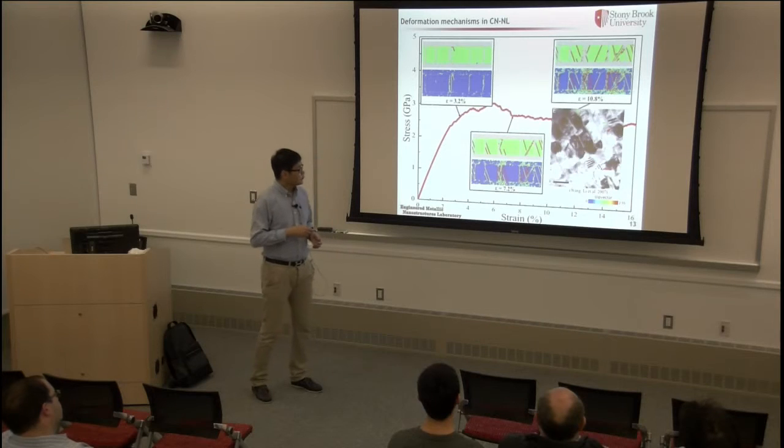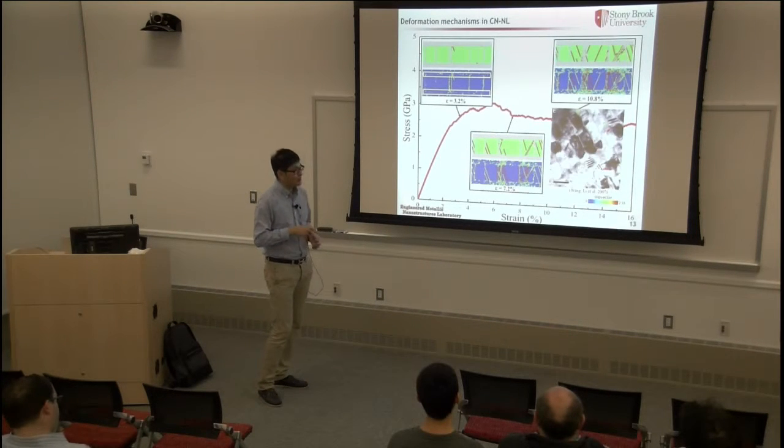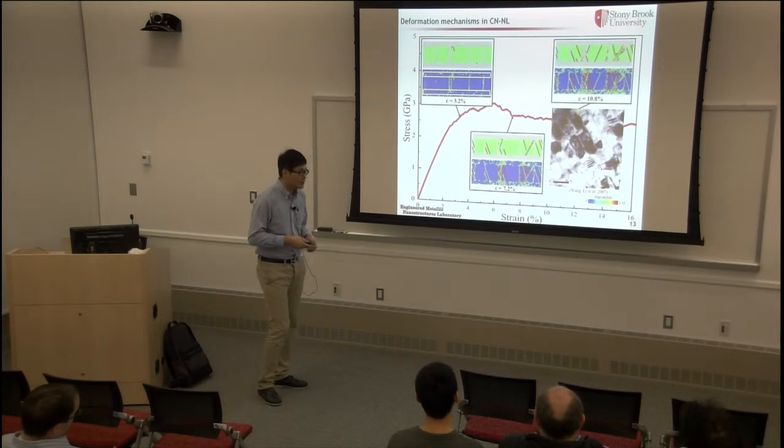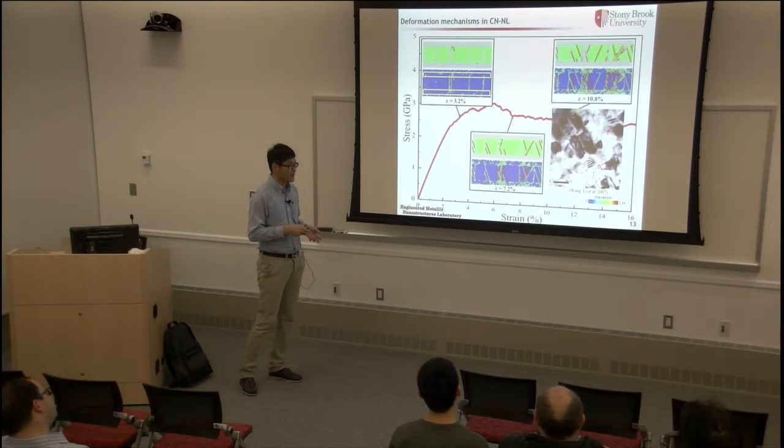And also, if we look at the 3.2% strain close to the intersection, we see there's a lot of shear transformation zone activity right in here. And later, there are more atoms plastically deformed in the amorphous layer than in the crystalline layer. So there might be strain gradients across the intersection.